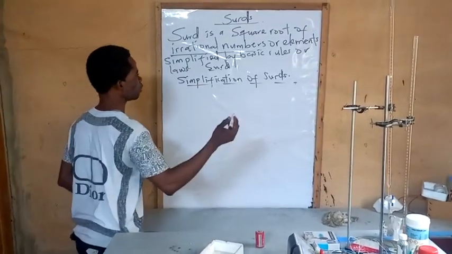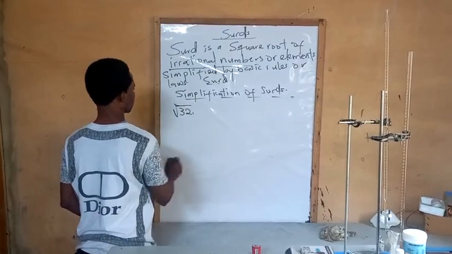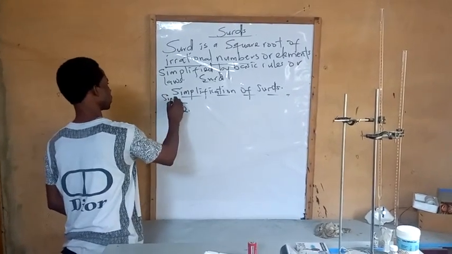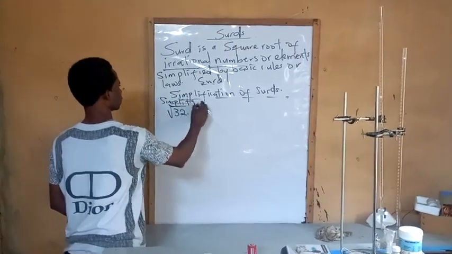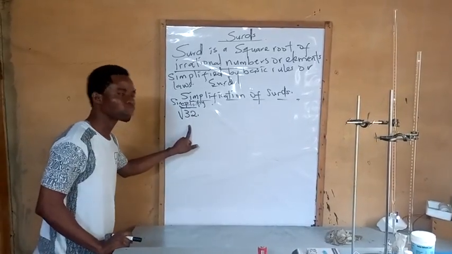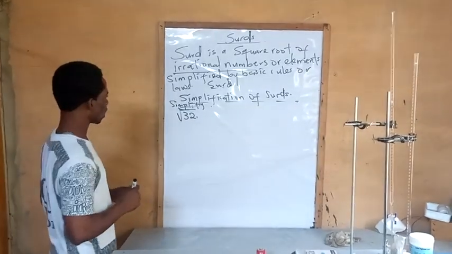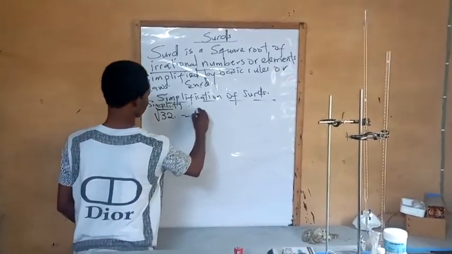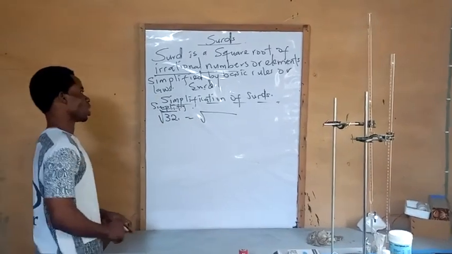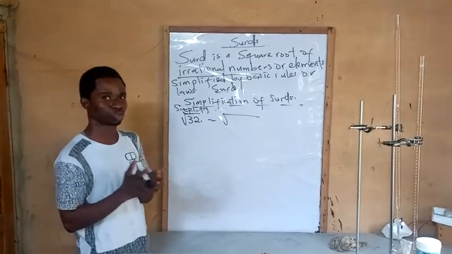Now, if I'm given root 32, I should simplify it. Like I told you, this is not a surd because it can be split. If I were you, I would think of what are the two numbers I can multiply together that will give me 32.